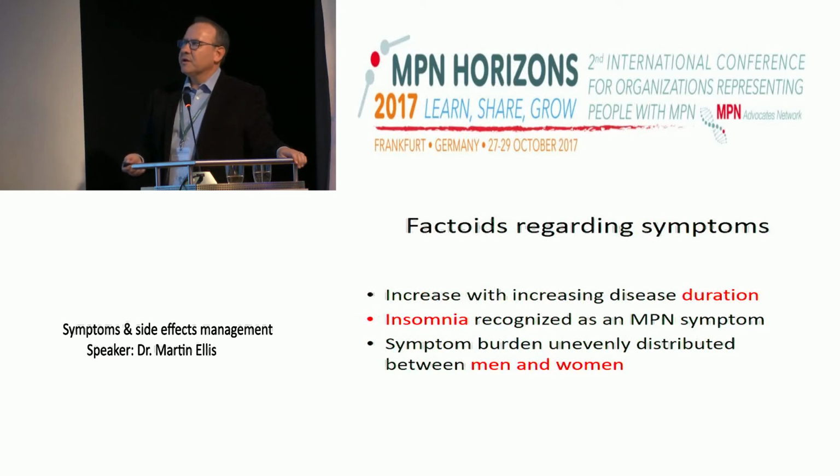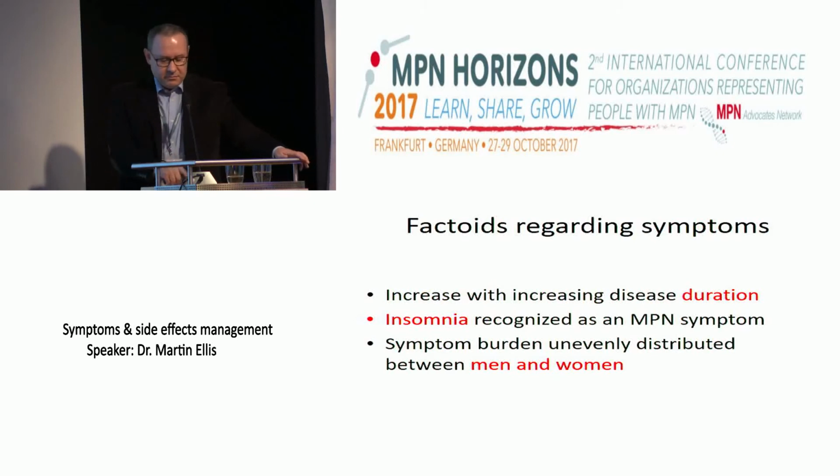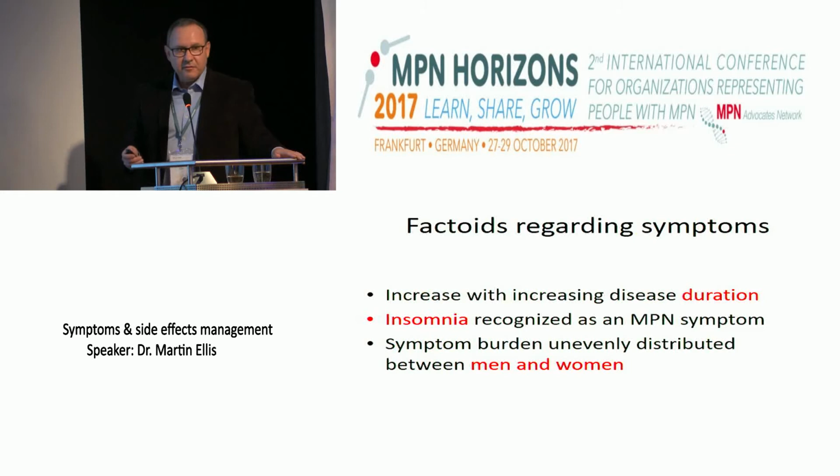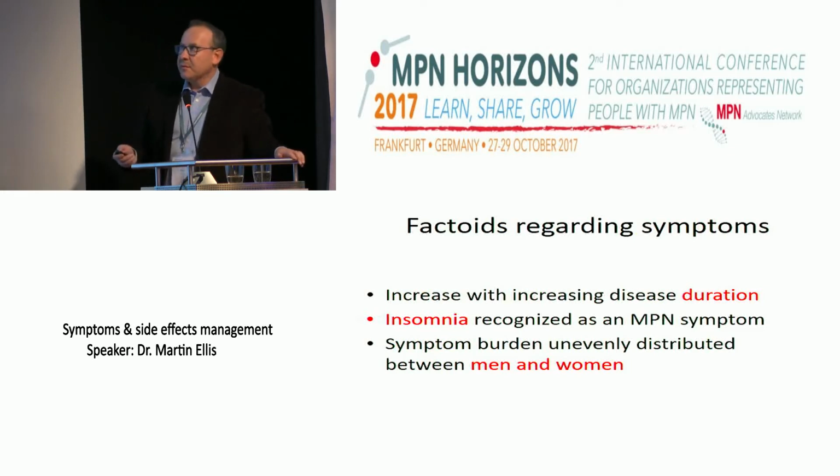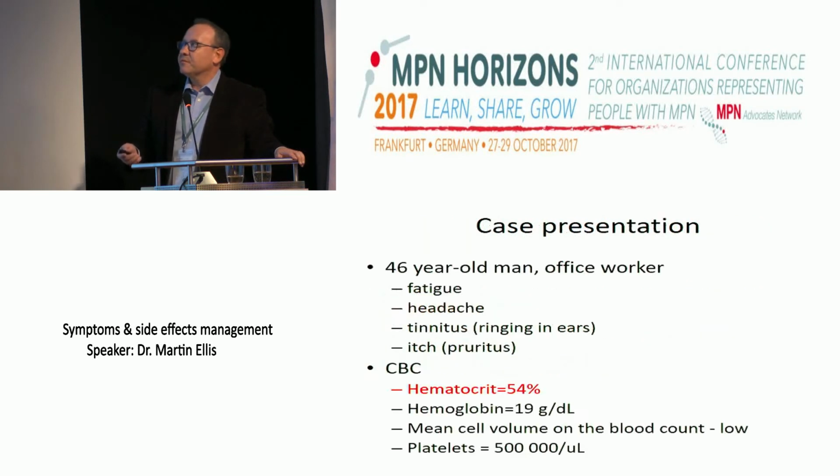Insomnia has not been well recognized until now as a symptom, and there's now work ongoing to try and understand exactly what is causing the insomnia or how we can characterize that insomnia. Are there frequent awakenings? Are there disturbances in REM and non-REM sleep? And this hopefully will be helpful to a large number of patients. And we've heard about the gender inequality of symptoms as well.